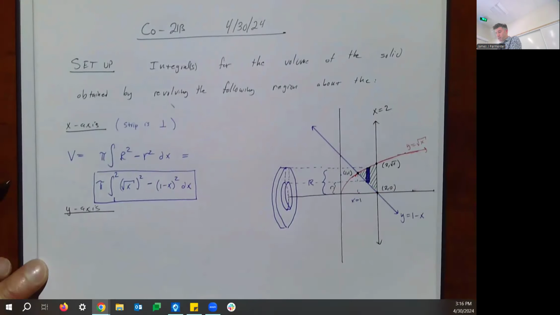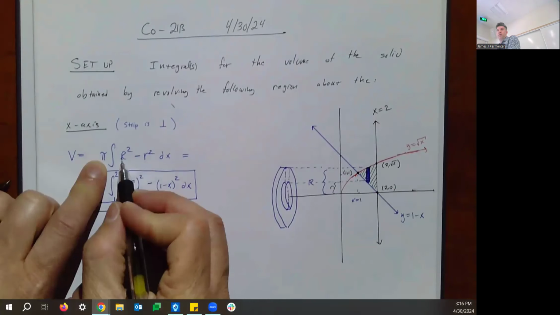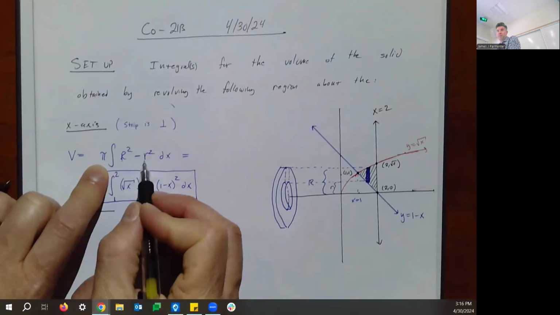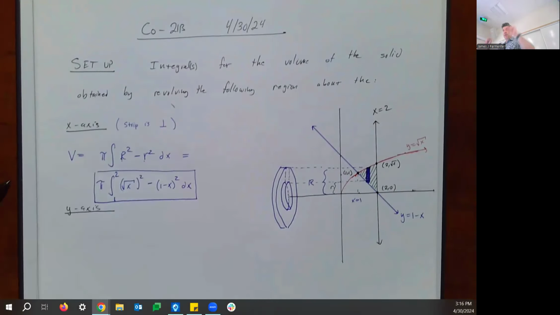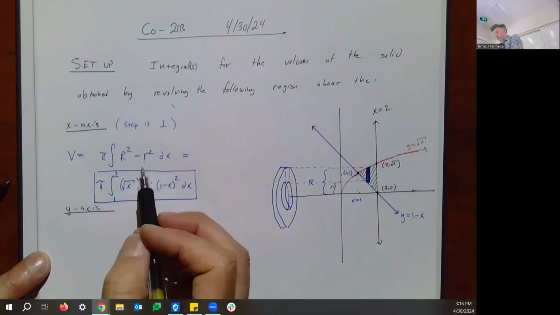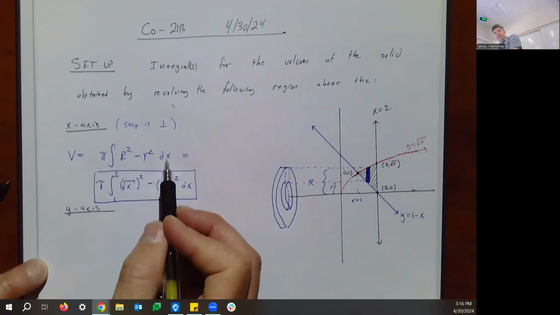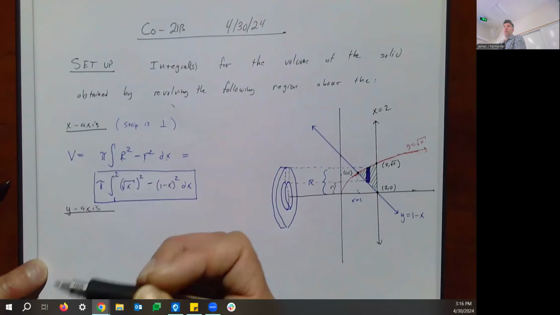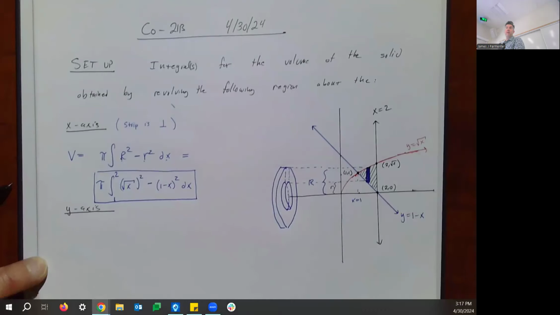So big circle area minus small circle area. And then we're adding up, in quotes, right? We're integrating to get the total volume, because we're taking those areas and multiplying by the thickness to get volume, and then adding up all the slices of volume to get the total volume.